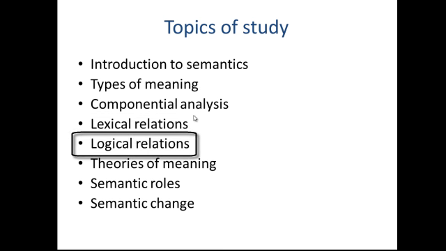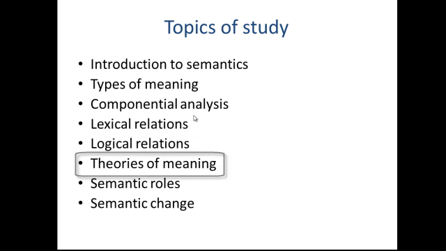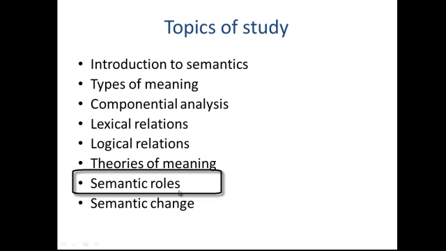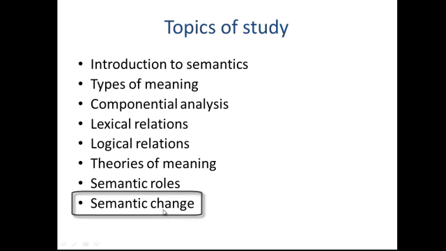As you saw when we were talking about the learning outcomes, you also need to know more about the theories of meaning. So theories of meaning is the sixth topic in this course. And then from there on, we're going to talk about semantic roles, and then lastly, we will discuss semantic change.